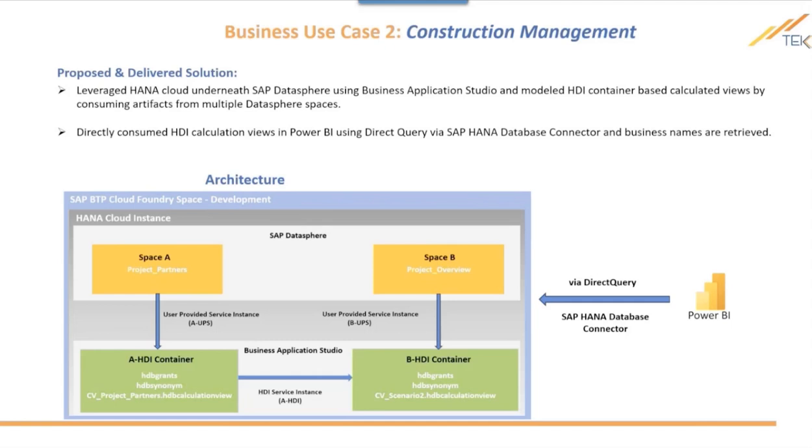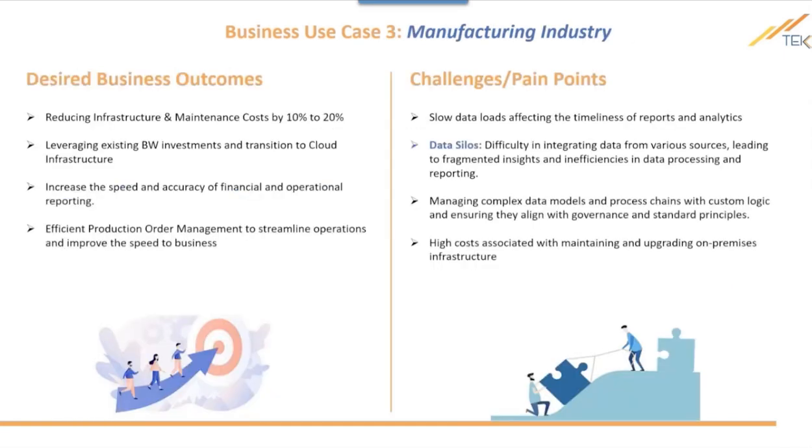This is a more technologically advanced way of modeling, where you can achieve all the complicated use cases using HDI modeling. At the same time, business can still use business builders, consumption views, or analytical models on top of those IT-constructed complicated use cases.